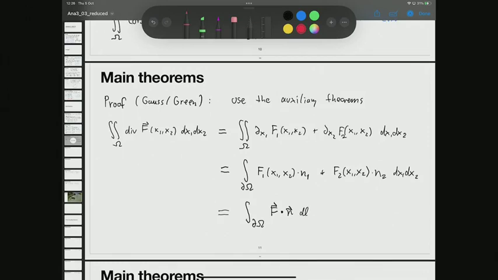We just use the definition of the divergence, then the auxiliary theorems, we just plug them in, and then we recognize it's a curve integral against the outer unit normal. That shows the divergence theorem, or Gauss theorem.